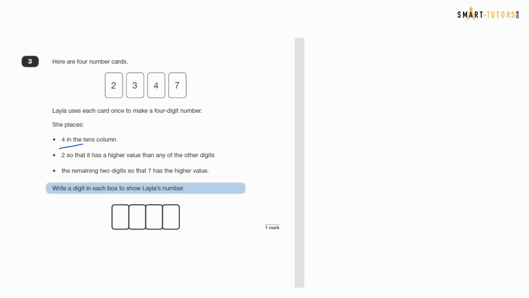The remaining 2 digits, so that the 7 has the higher value. Write a digit in each box to show Laila's number. So Laila is thinking of a number, with 4 in the tens column and 2 so that it has a higher value than any other digit, and the remaining 2 digits so that the 7 has the higher value. Write a digit in each box to show Laila's number.